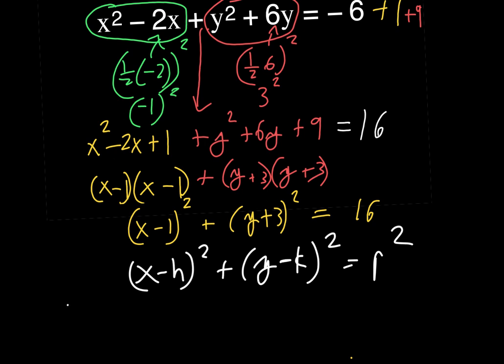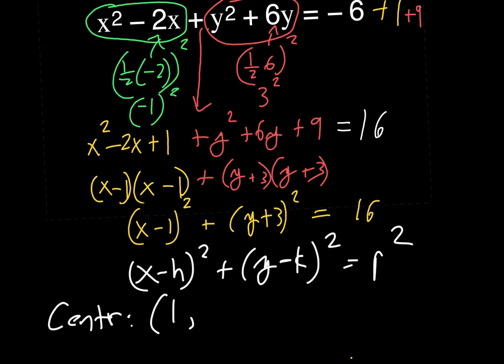The center of my circle will be at the point that makes this 0. So my x value will be 1. And my y coordinate will be the number that makes this 0.